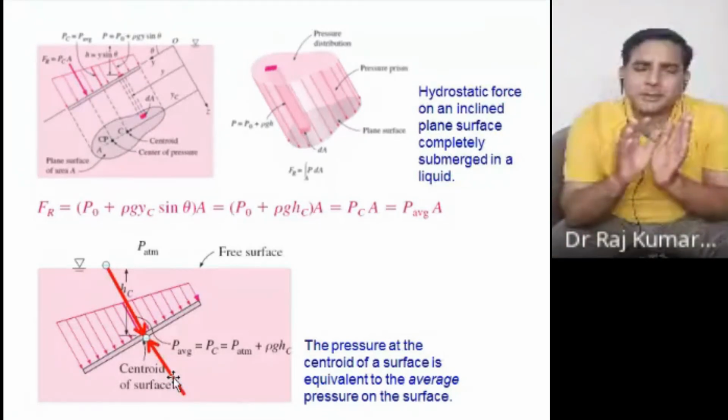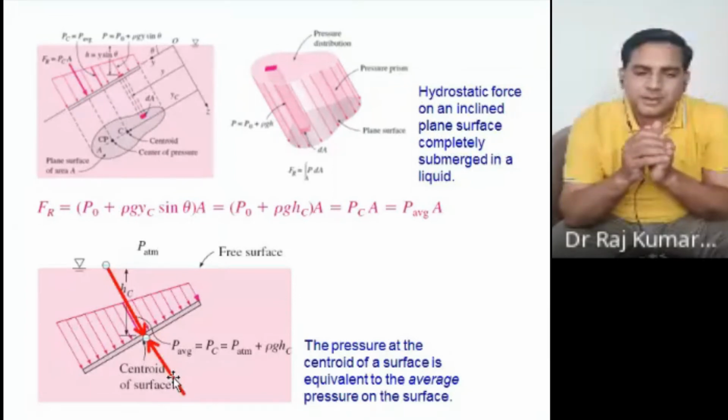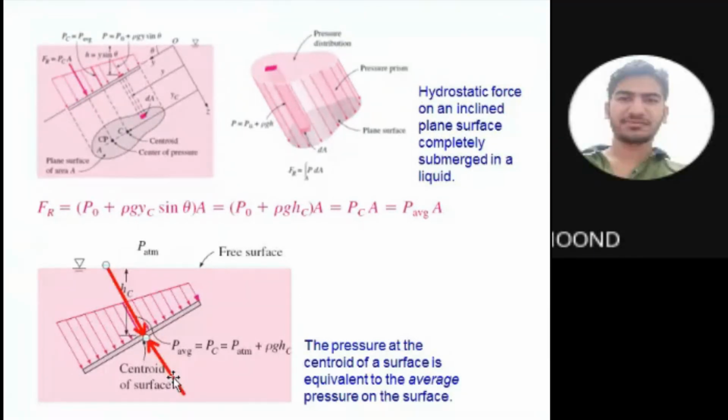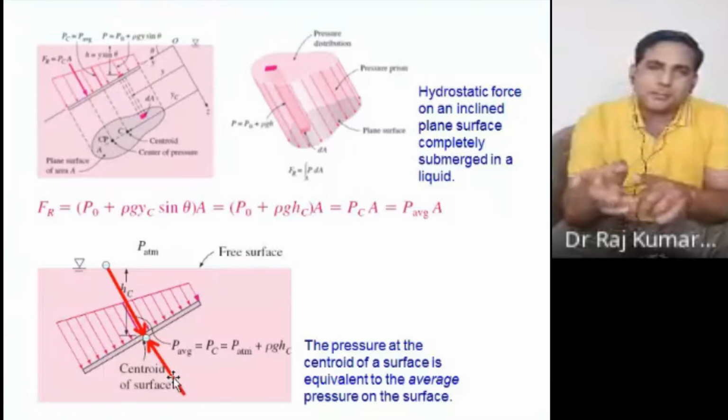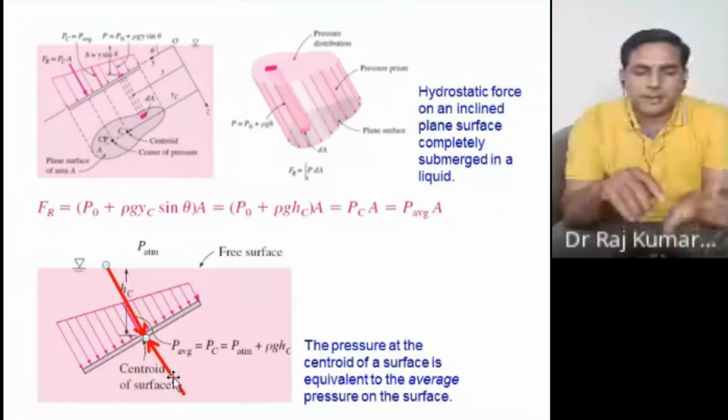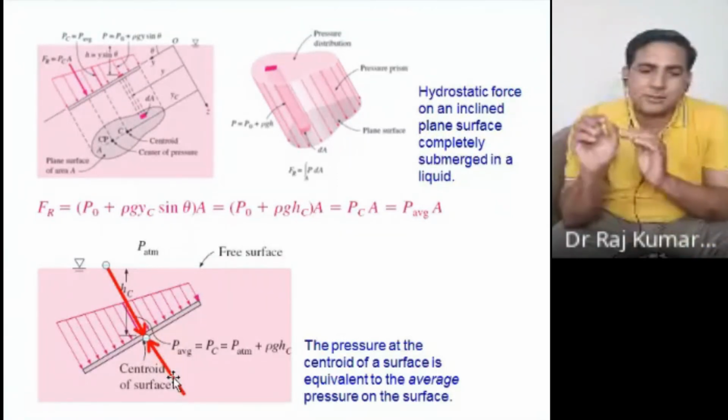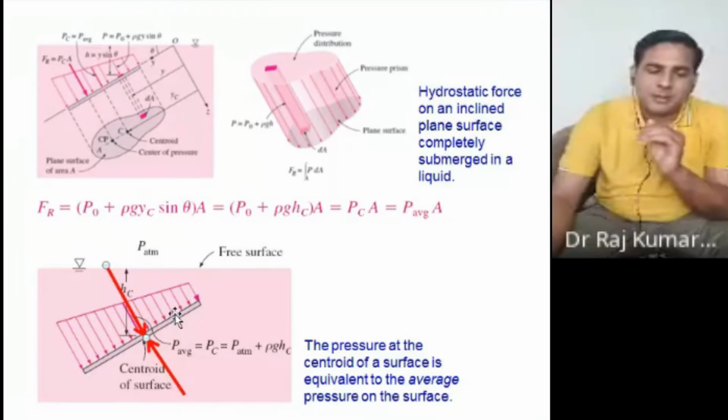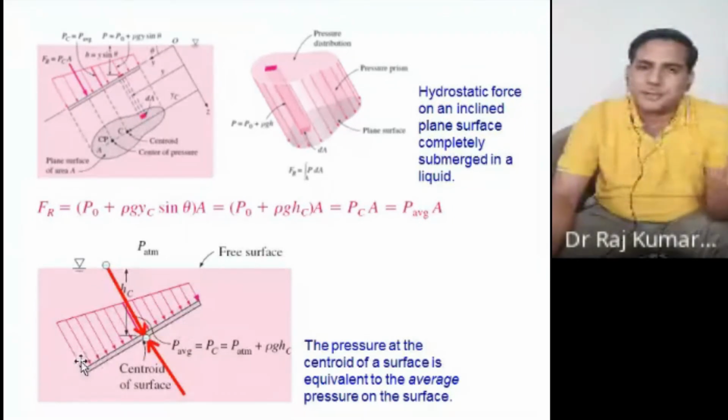That would be the least force to balance this particular gate or wall. So somehow I have to calculate the point of action of the net force. Where would this point be? So I will calculate the moment about any point on this particular plane and balance the two.